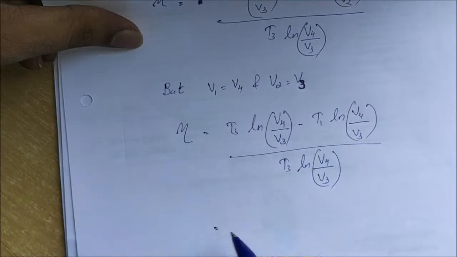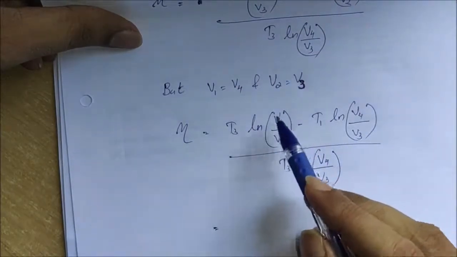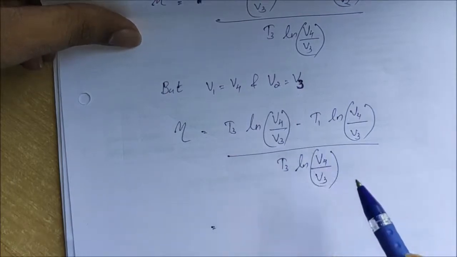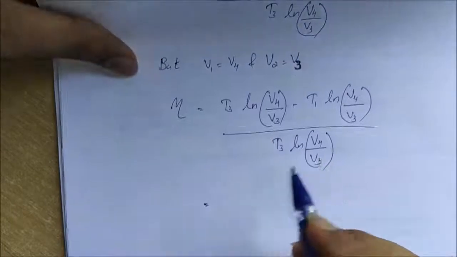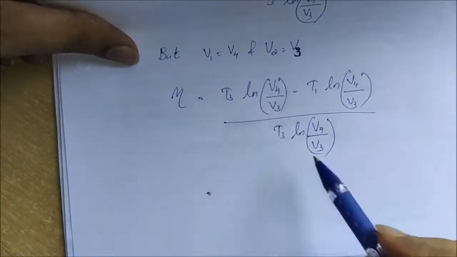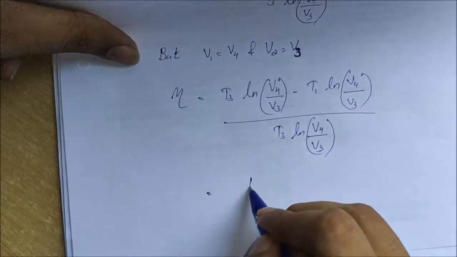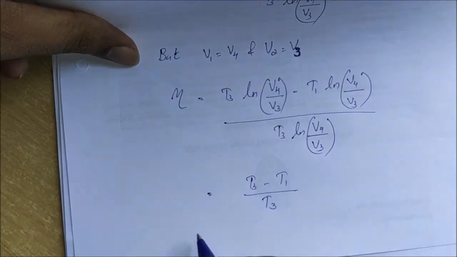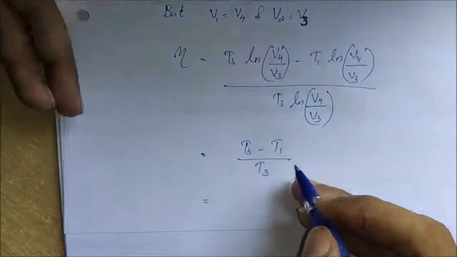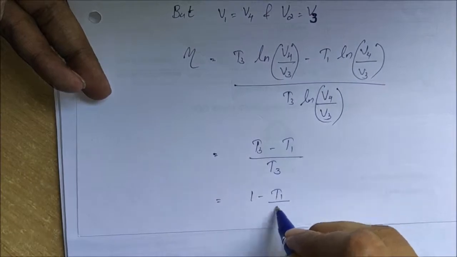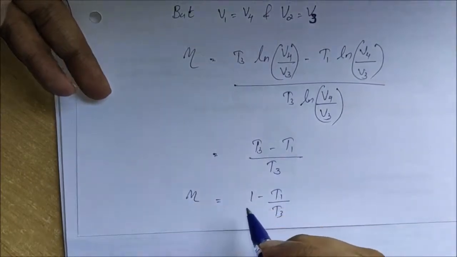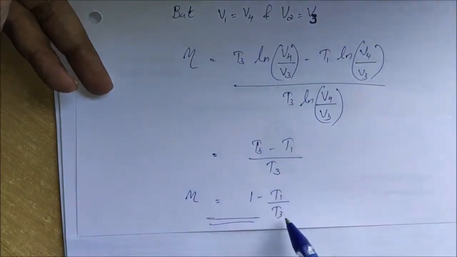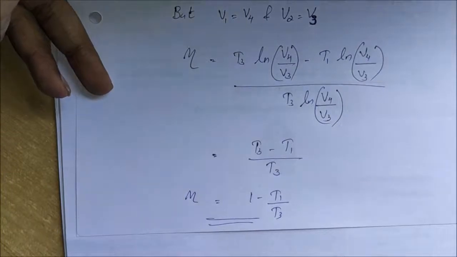Now I can take ln V4 by V3 as a common factor and cancel it out from all these terms, right? So it will become T3 minus T1 divided by T3, which is equal to 1 minus T1 by T3. So this is the expression for the efficiency of a Stirling cycle, 1 minus T1 by T3. So that's all about the Stirling cycle.